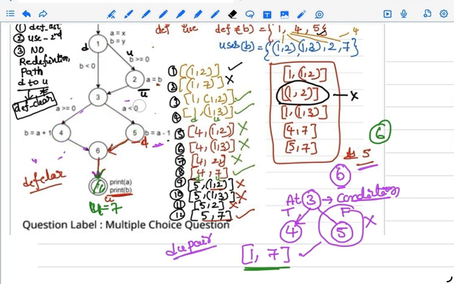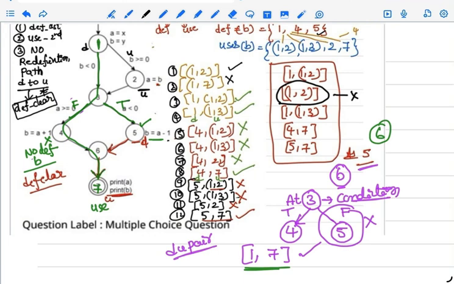If at node 3 the condition is true, it will go to the false branch, so it is considered a redefinition at node 5. There is no definition of the variable b at node 4. So node 1 to node 7 is a use case, there is no redefinition of b, so the path must be clear and it will go like this.